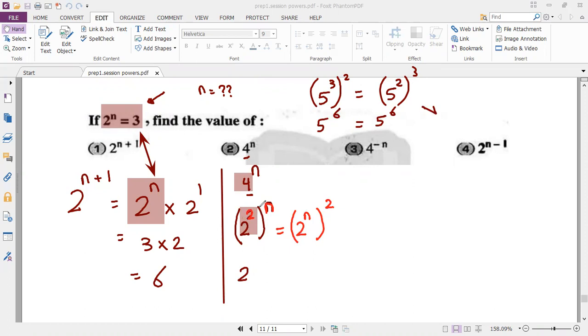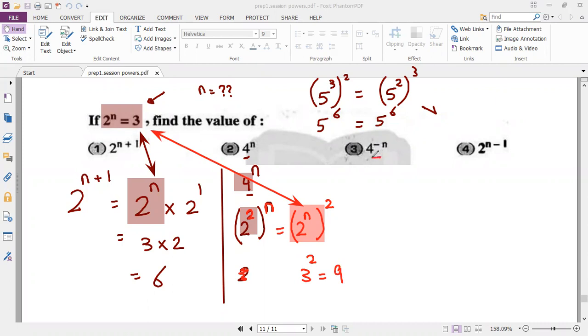And 2 to the power of n equals 3. So instead of 2 to the power of n, write 3, and 3 to the power of 2 equals 9.